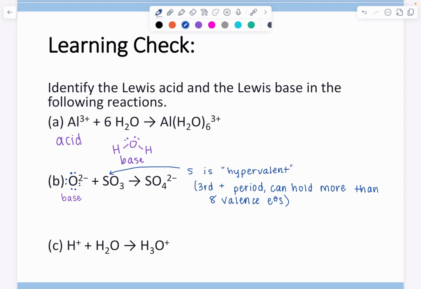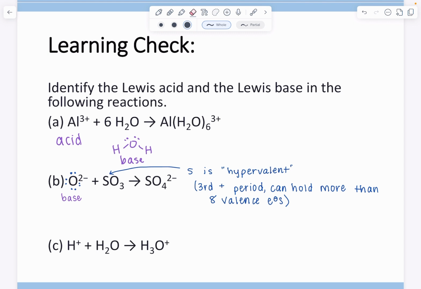It is in the third period, but if you have an atom that's in the third or the fourth or the fifth or the sixth and so on, it can hold more than 8 valence electrons. The octet rule is a good rule for row 2. It's a good first assumption for row 3, but you have to keep in mind that row 3 and higher, like 4th, 5th, 6th, can hold more than 8 valence electrons.